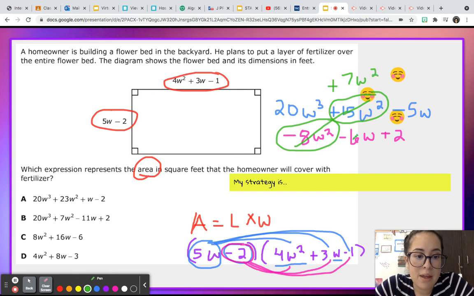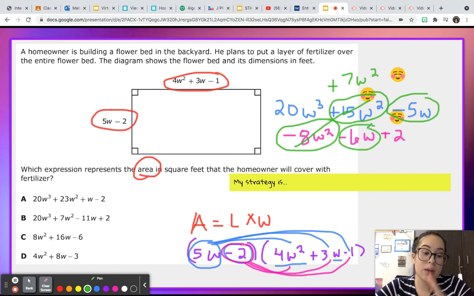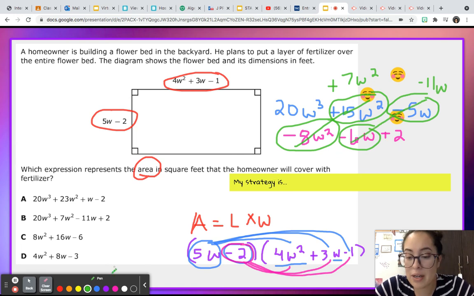Now I also see this negative 5w and this negative 6w. They're both the same variable with the same exponential value. They're both one single w, so I can combine those as like terms. Negative 5 and negative 6 is negative 11w. This 2 stays by itself. It stays the same.